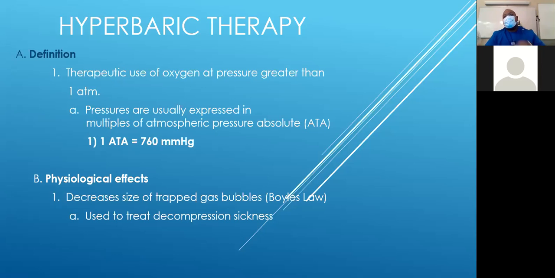And so now we know that at a pressure of 760 millimeters of mercury, oxygen in the atmosphere exerts 159 millimeters of mercury, right? And that's 21% of the atmosphere is oxygen. You take 0.21 times 760, and that gives us a pressure of oxygen in the atmosphere of 159 millimeters of mercury.